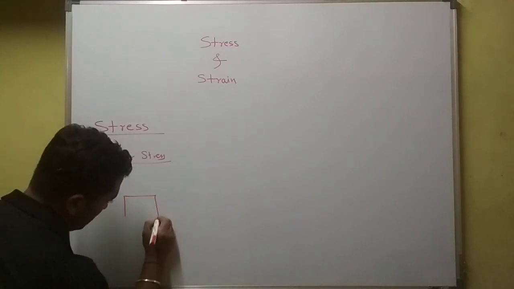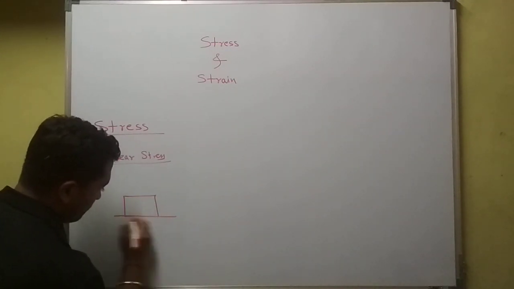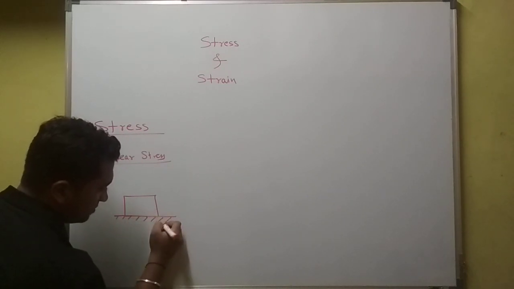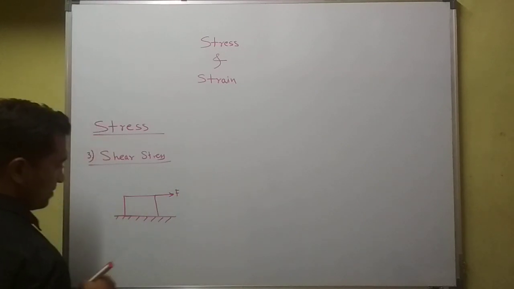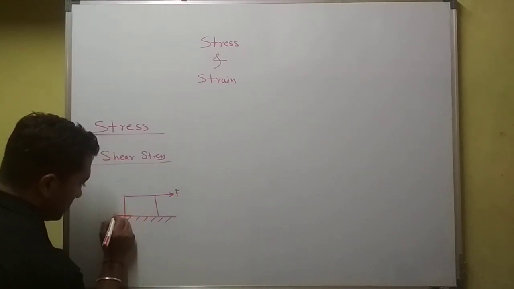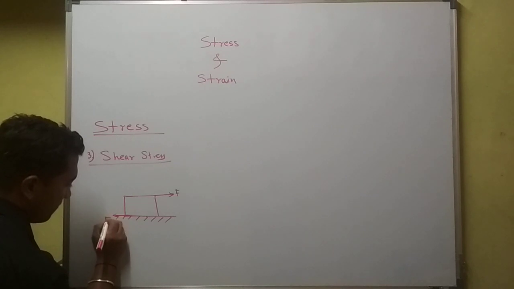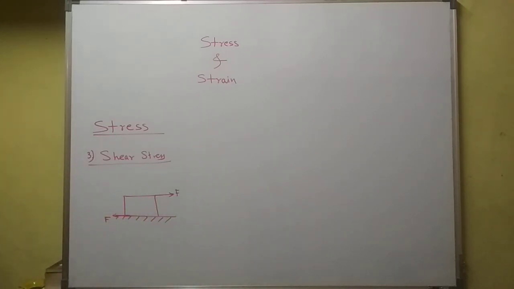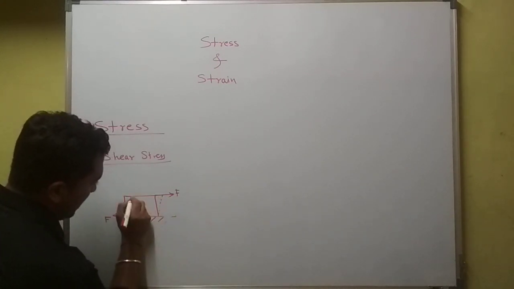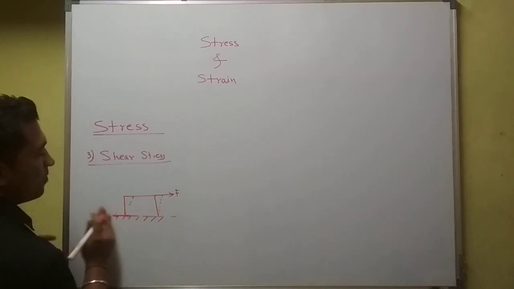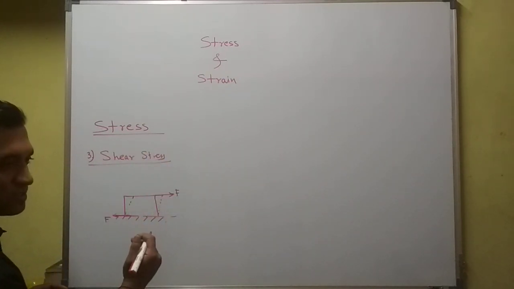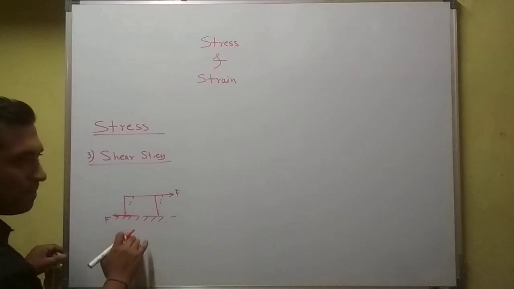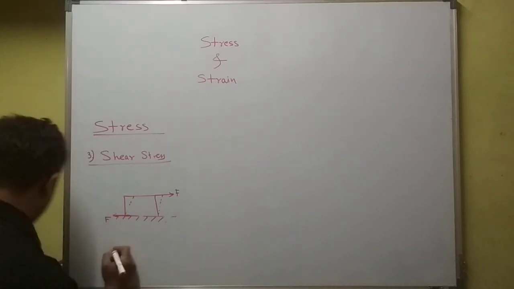If this is the body and it is fixed at the bottom, and we apply a force like this, then at the bottom the same force acts in the opposite direction. Correct? Now this body will get deformed. These dotted lines show the deformation of the body.